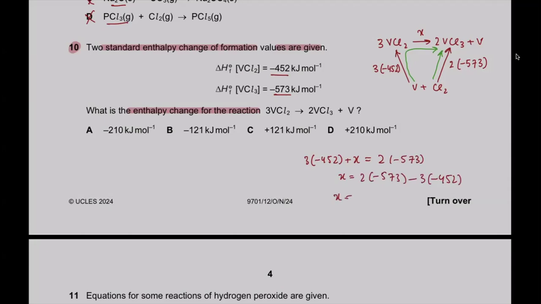So 2 times minus 573 is equals to minus 1146, and that minus minus makes it plus. So 3 times 452 is equals to 1356. So 1356 minus 1146 is going to give me 210, positive 210. So that is D option. So it means A, B, and C are wrong, and D is the correct answer.